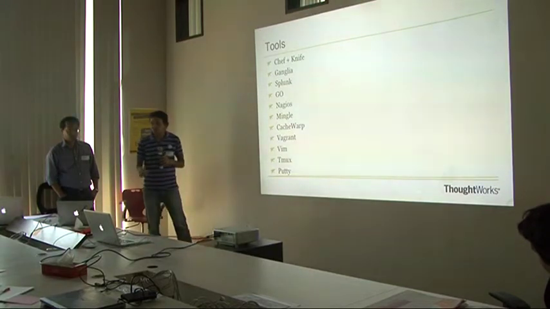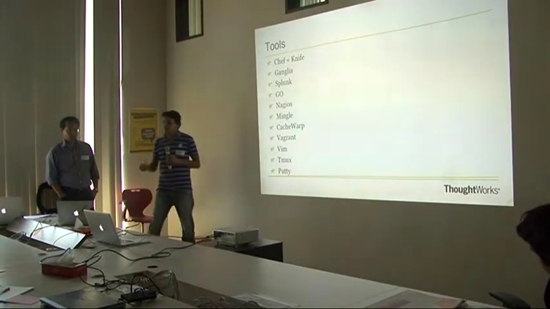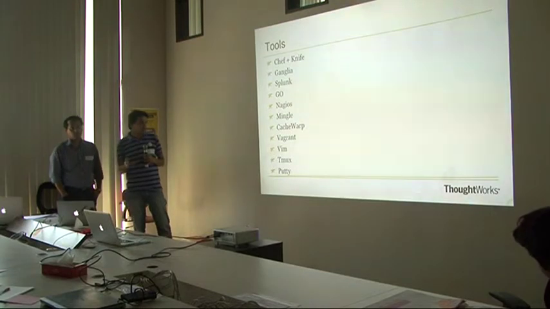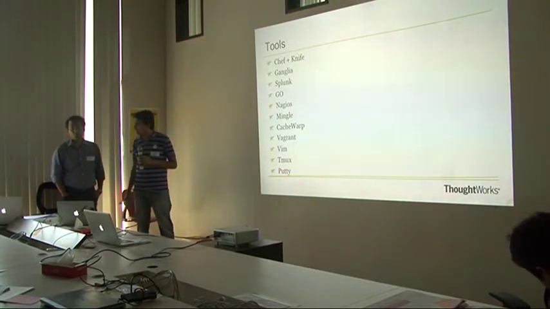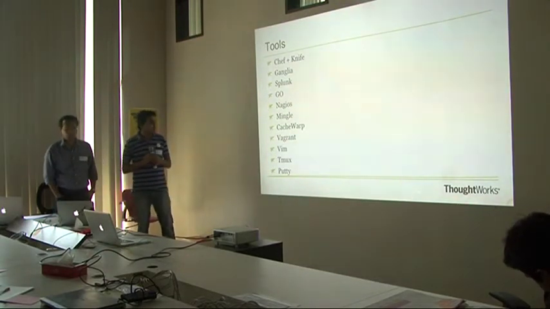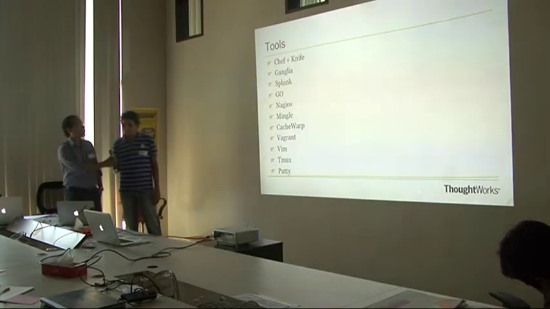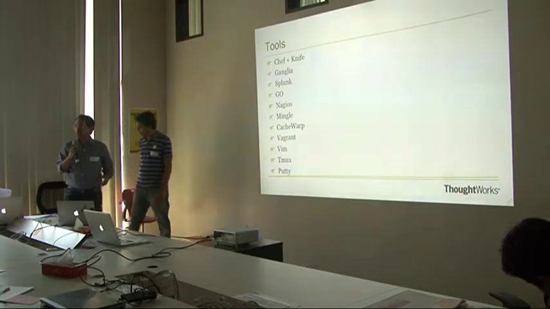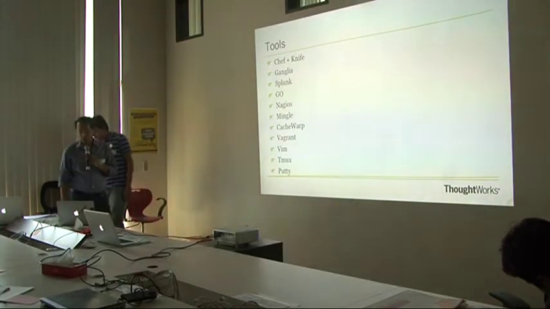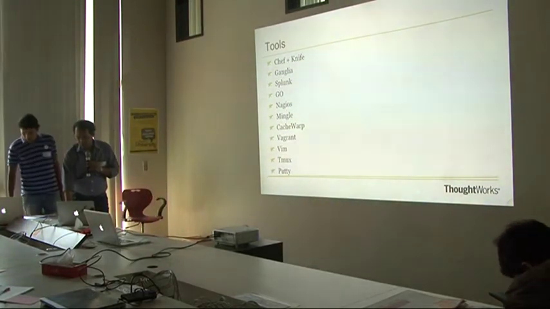Tmux is a terminal multiplexer. It is used to create multiple sessions at the same time. And SSH is just SSH. So this is just a small list. Of course, there are a lot more tools. I just wanted to give you a small view of it.